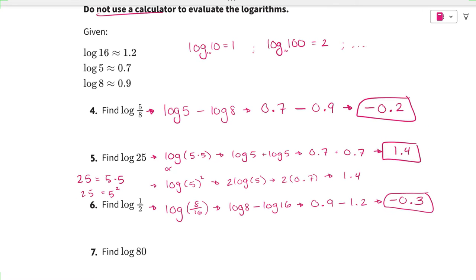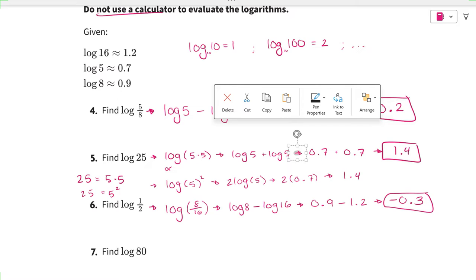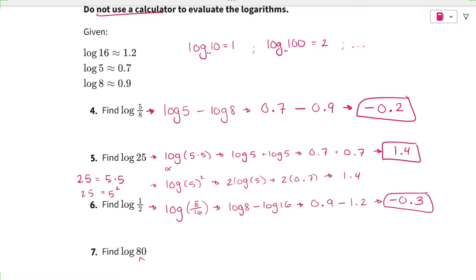Okay, question 7, 80. So this one's not as obvious to get from 16, 5, and 8. But 8 and 10 hopefully stand out to us pretty quickly. So I'm going to do this as log of 8 times 10. Now, I could break 10 down more and use a 5, but I don't know what log of 2 is, so it doesn't make sense to do that.